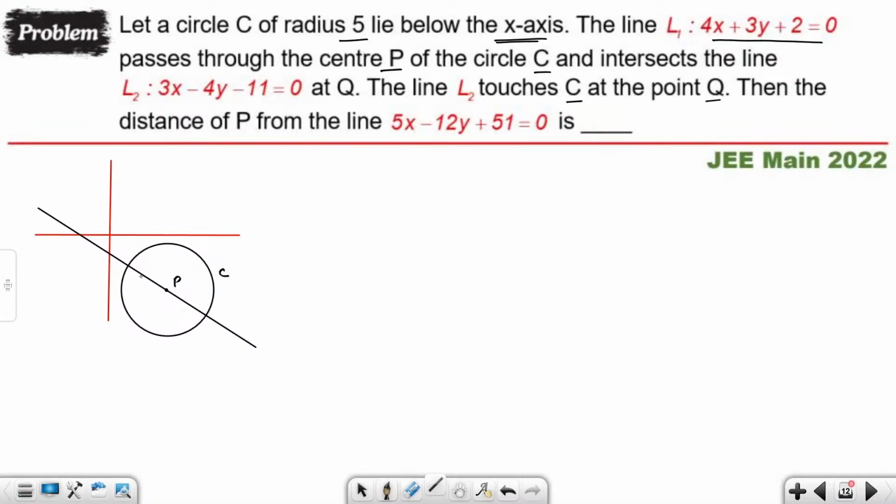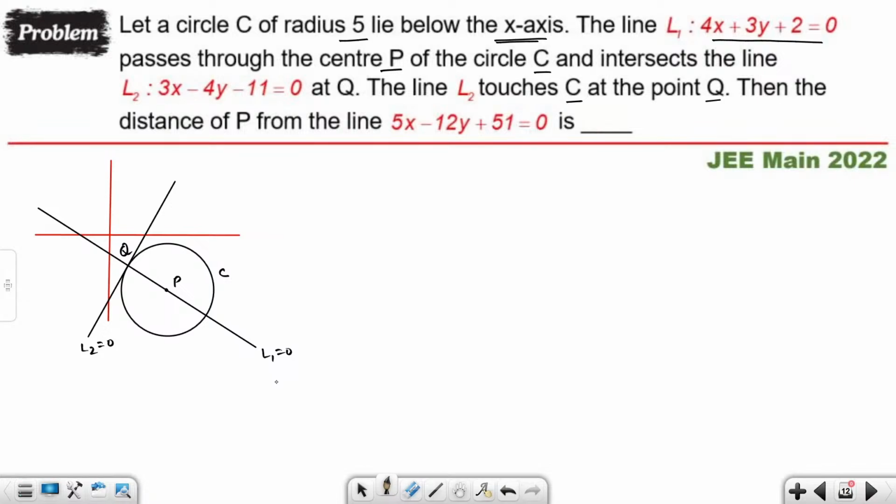That is, this is that line, and the point of intersection of L1 and L2 is Q. Is it clear or not? Now we can all see that L1 and L2 are perpendicular to each other.